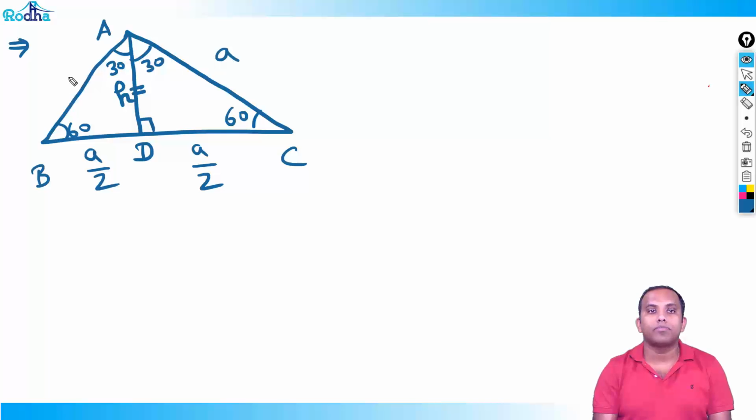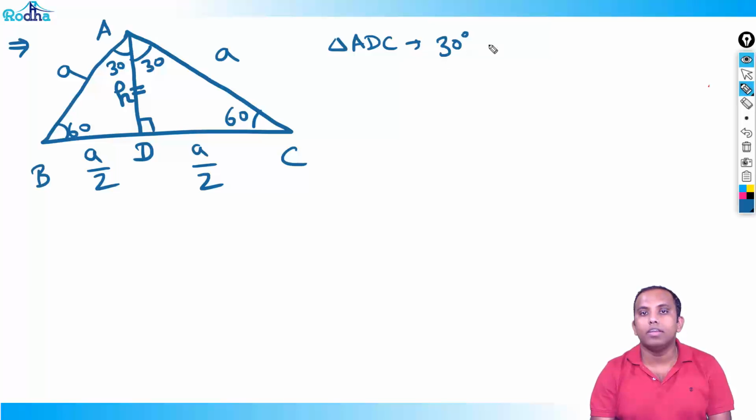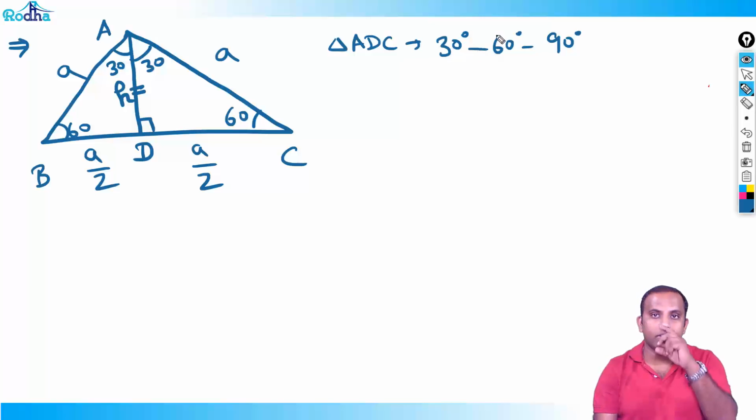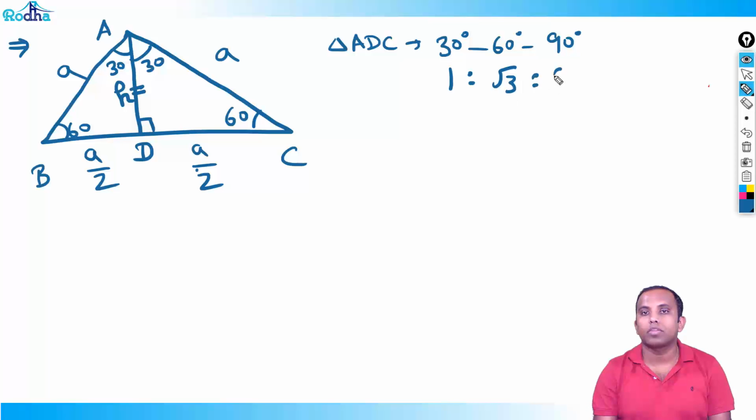This is A. Now you see triangle ADC. Triangle ADC is a 30-60-90 triangle, right? Here 30 opposite is A/2. What is the ratio? The 30-60-90 ratio is 1:√3:2. So 30 opposite is A/2.